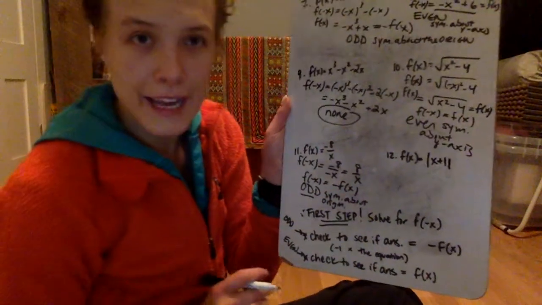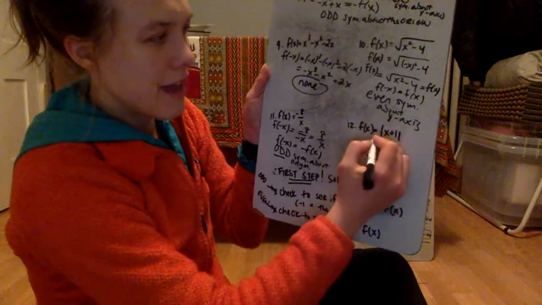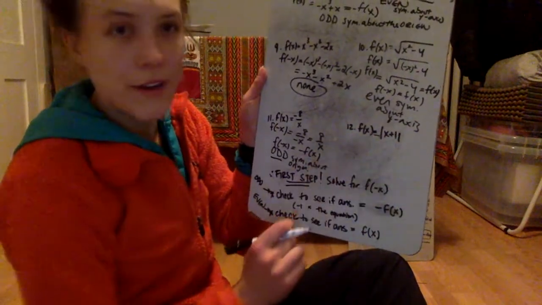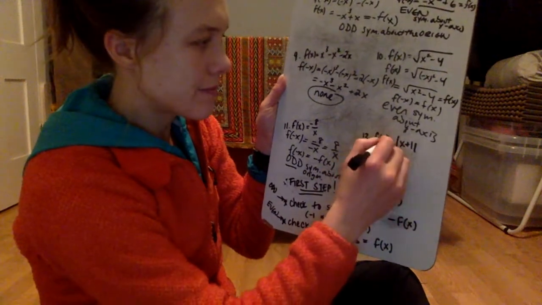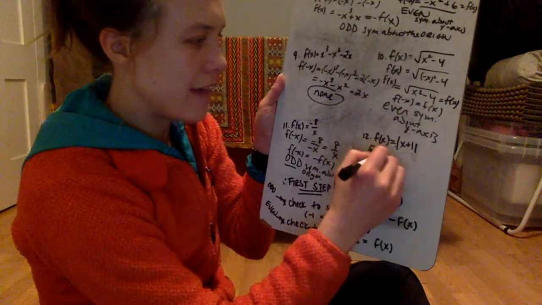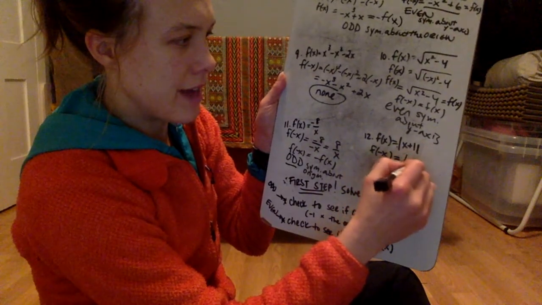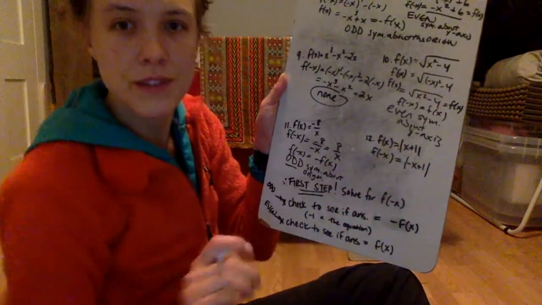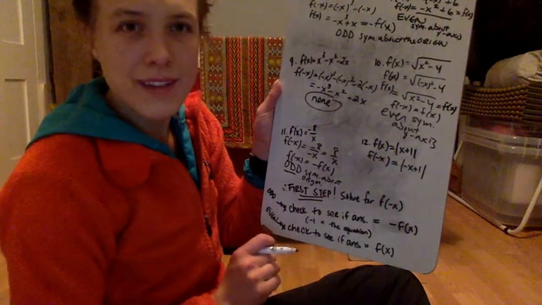All right, last one. I have f of x equals the absolute value of x plus 1. Solve for f of negative x. So that equals the absolute value of negative x plus 1. And this does not equal this.